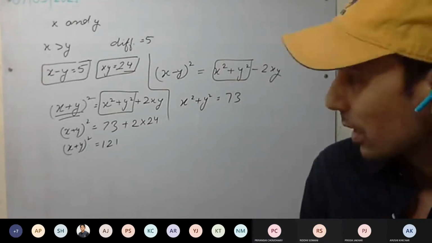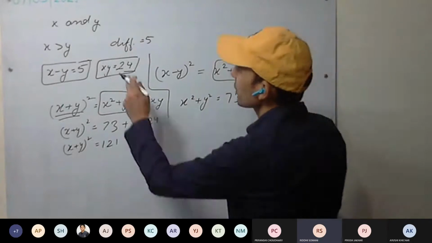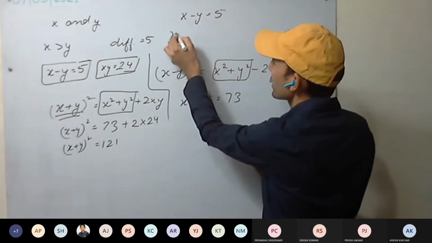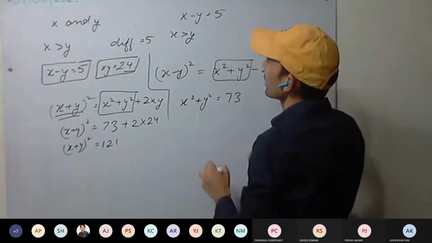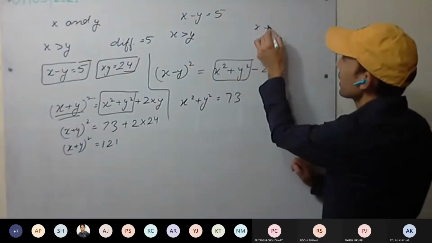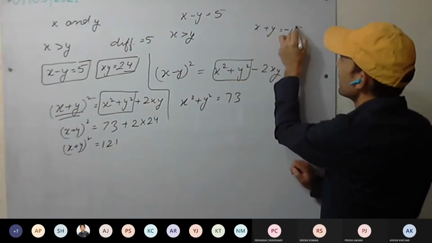Check it. What are the conditions given? X minus y equal to 5 and x is greater than y. If we take x plus y as minus 11, is it possible?